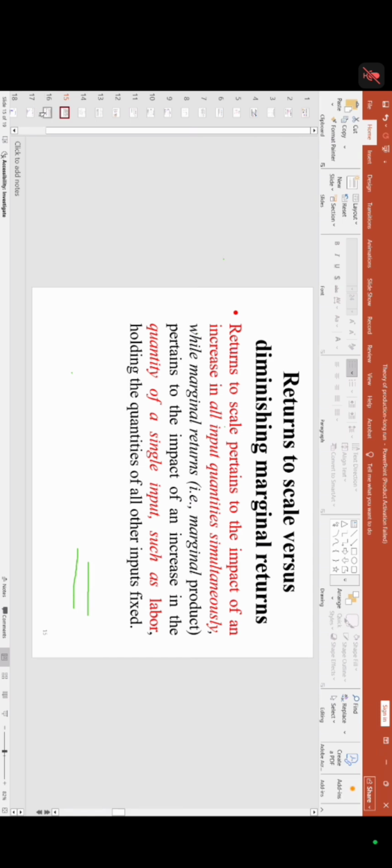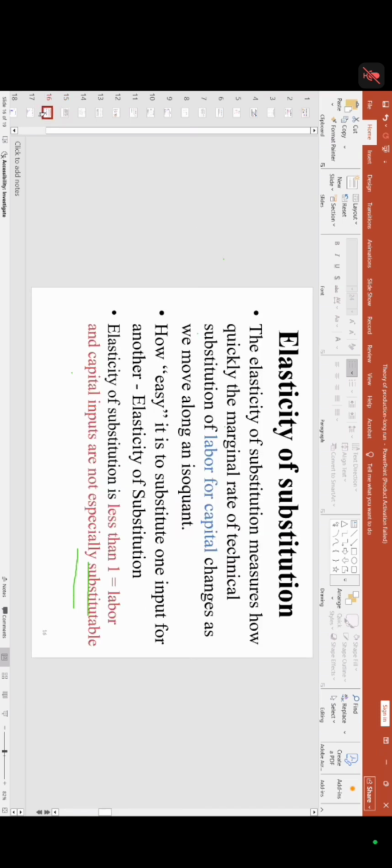Now, elasticity of substitution. What is elasticity of substitution? Elasticity means, when we take rice, how, because of the substitution effect and income effect, the rice price will decrease or increase. The responsive rate, right?